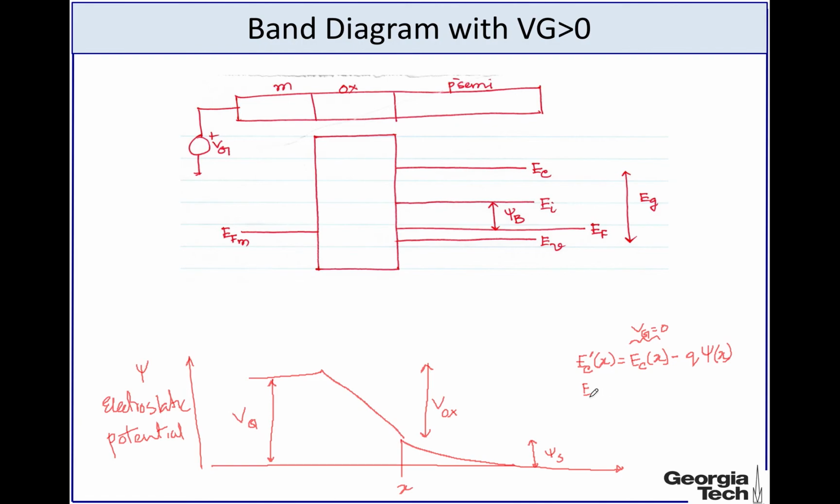Similarly, the new valence band will be equal to EV(x) minus Q psi(x), and the same goes for the new intrinsic Fermi level, which will be EI(x) minus Q psi(x).